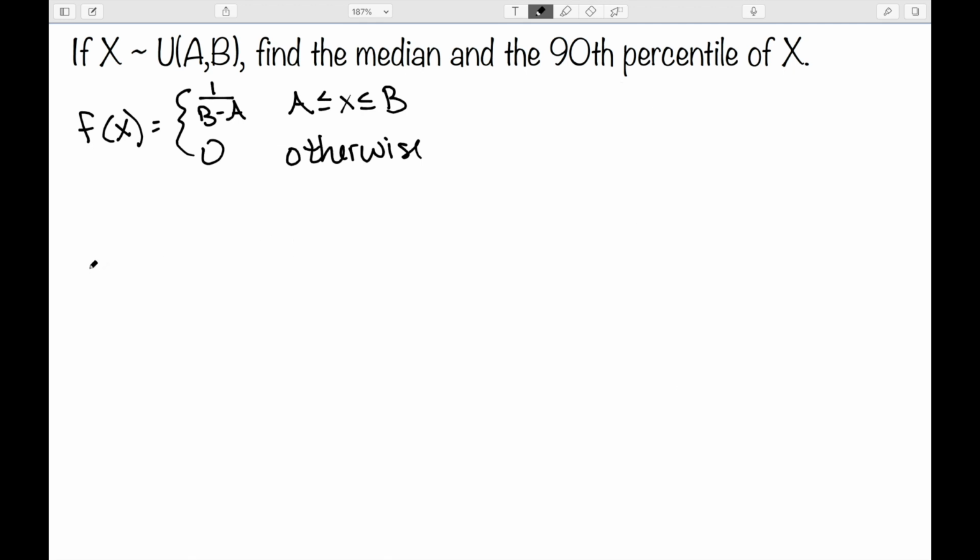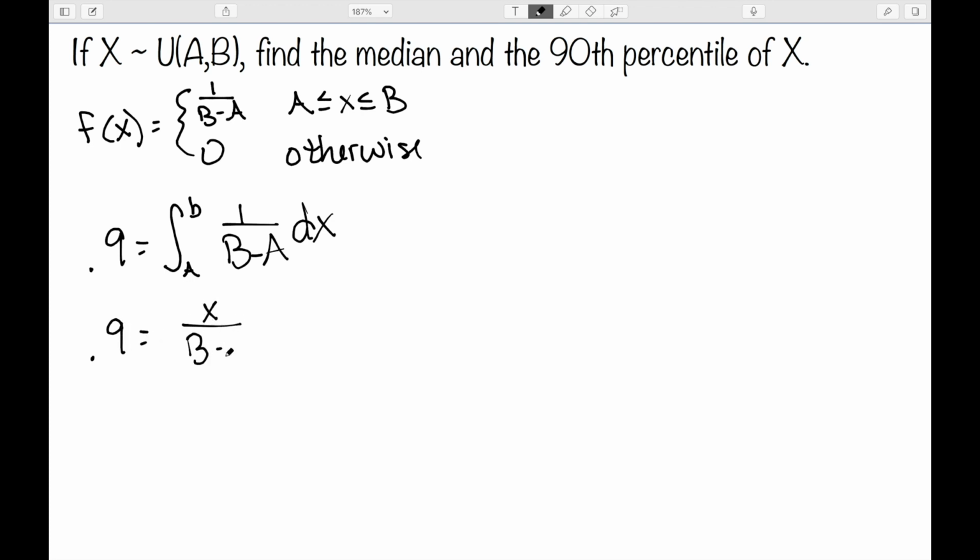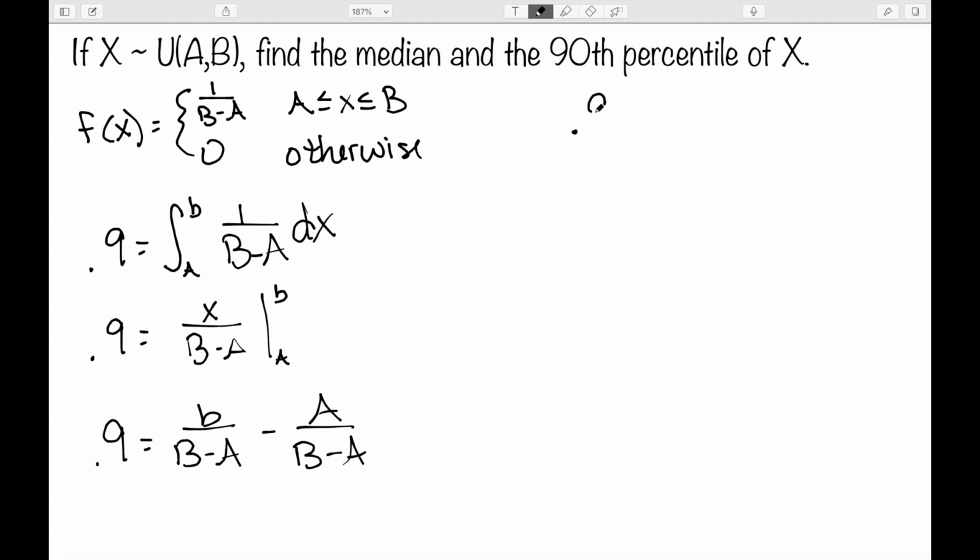Now let's do the 90th percentile. So this time we need 0.9 to be equal to the integral from a to little b of 1 over b minus a dx. In other words, 0.9 is equal to x over b minus a, taken between a and lowercase b. So 0.9 is equal to little b over b minus a, minus a over b minus a. That gives us 0.9 is equal to little b minus a over big B minus a.